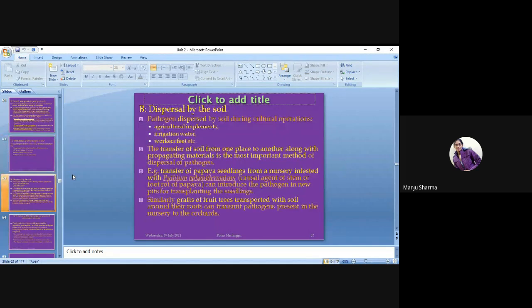Then the second thing is dispersal by the soil.